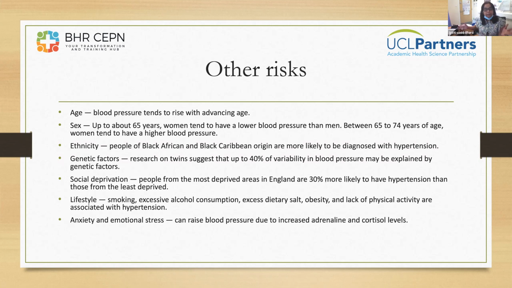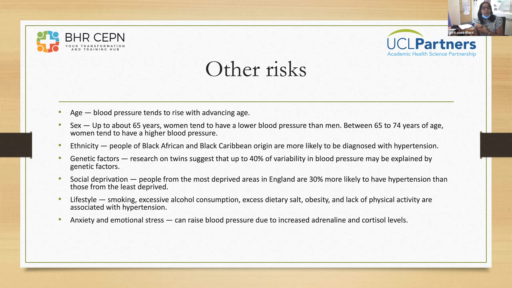There is some genetic factor, particularly if you've got both parents with high blood pressure, then there's a high risk of you getting it. And more and more as GPs, we're seeing patients even under the age of 40 with a strong family history of hypertension. And of course, deprivation, primarily because probably their lifestyle isn't great. And that leads on to lifestyle: smoking, alcohol, diet, obesity, the lot. And you would recognize that completely.